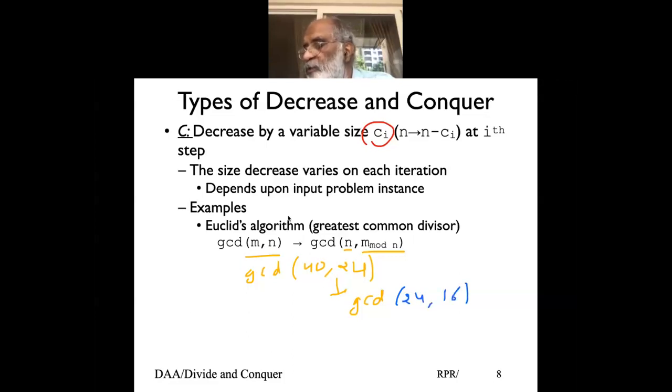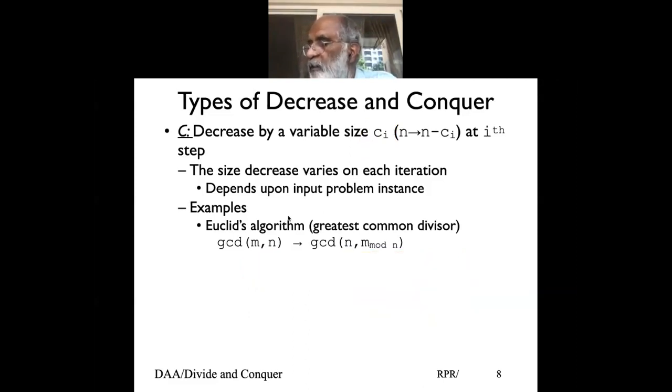So 40 became 24, 24 became 16. I decrease the problem by 16, and then by 8. Next time I decrease by 8, next time by 4. So decreasing a problem by a variable size and not a fixed size.